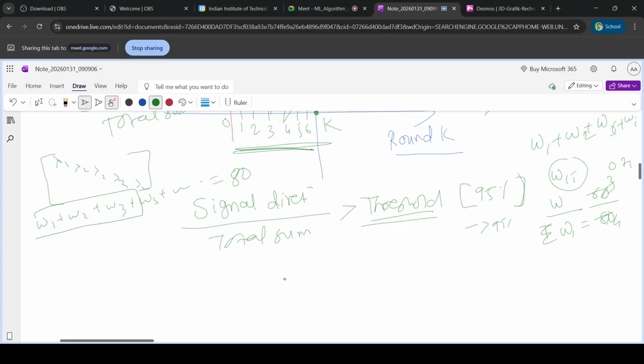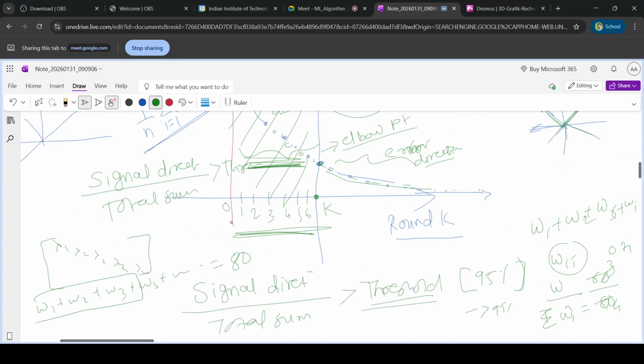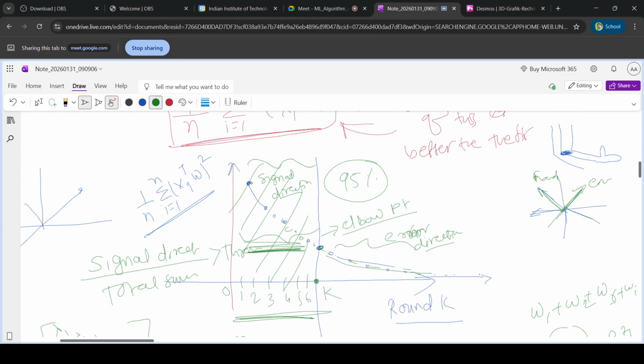Yes. But generally, practically, we don't go with 100%. If you see the graph here, what I'm highlighting, W1 is at this point, at the peak point. W2 will be here, W3 will be here.